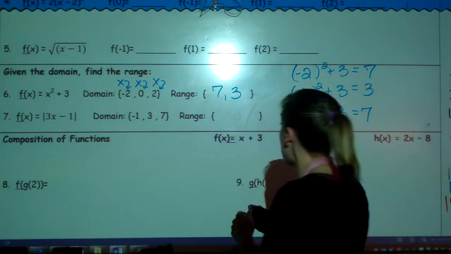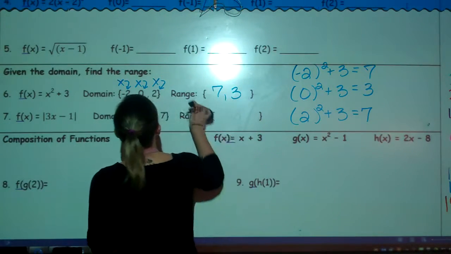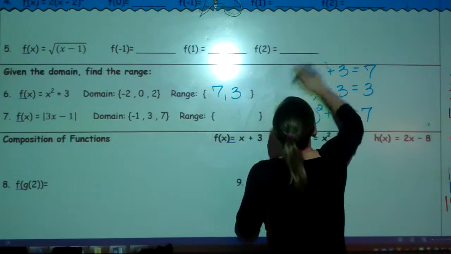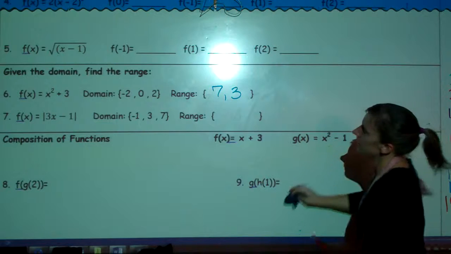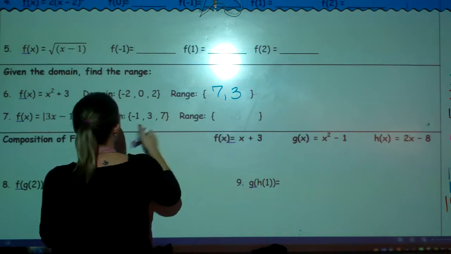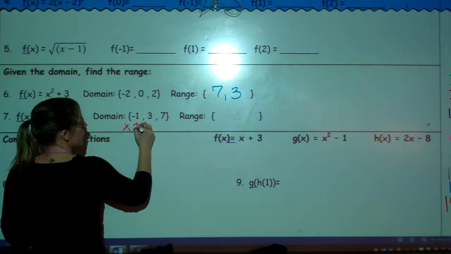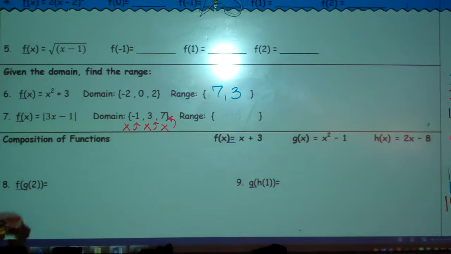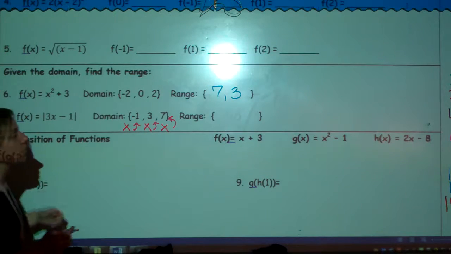So then we do the same thing for the next function. We put in those 3 x's, and we will get out maybe 3 values.